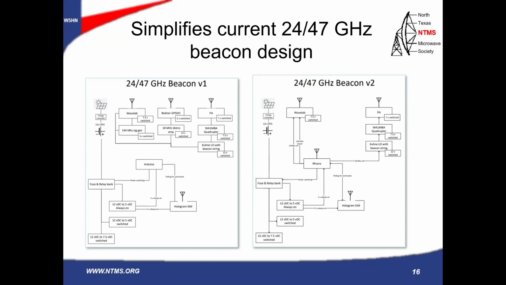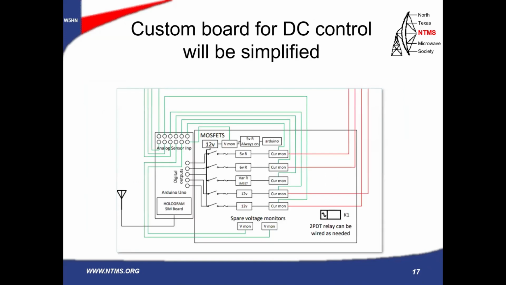So we don't have to have a Leo Bodnar GPS ref, and we can just go about driving the Wavelab and referencing the Kuhne LO for the 47. So there's a possibility that this would simplify our design.